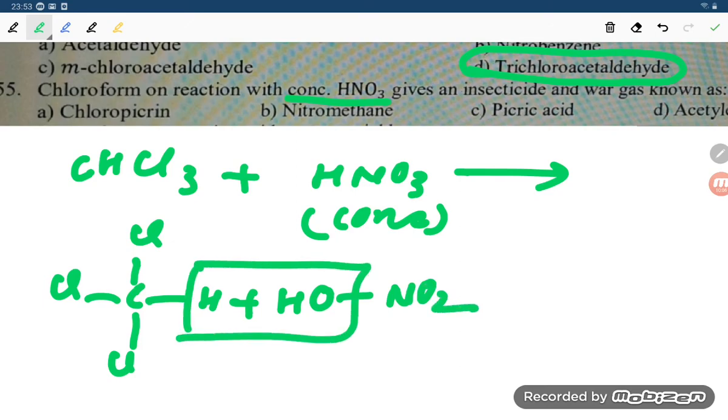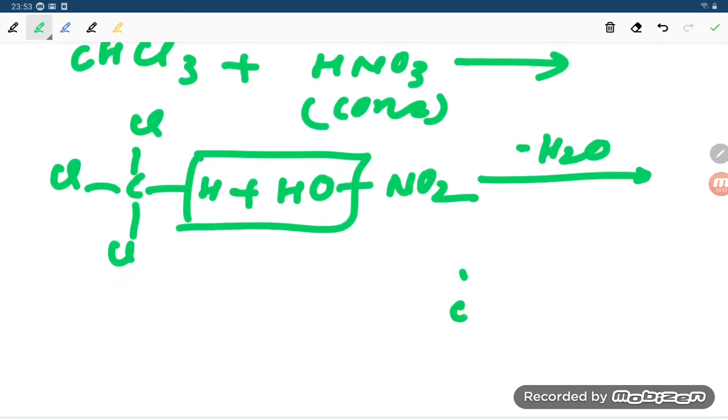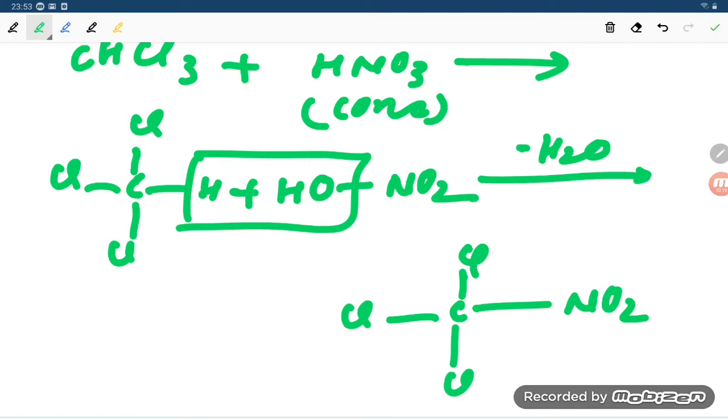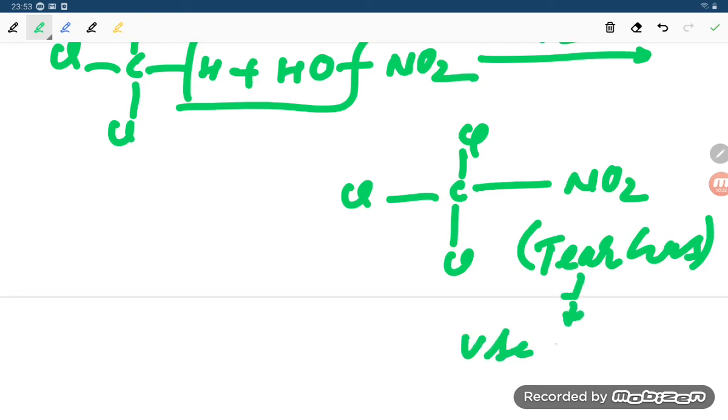This hydrogen and the OH will come out as a water molecule, so minus H2O. So what is left out is CCl3NO2. This compound is known as tear gas. Industrially it is a very important gas, and it is used as an insecticide.